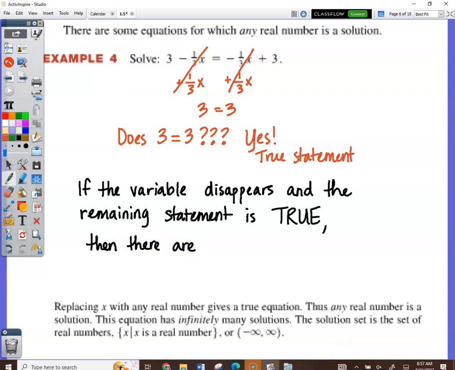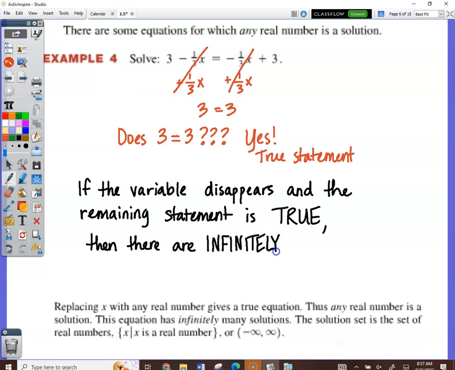All real numbers. Infinite. All real numbers. Any given number you pick and plug in works. And that's because the left side of the equation is identical to the right side of the equation, which is why any number works. Here is the correct terminology.